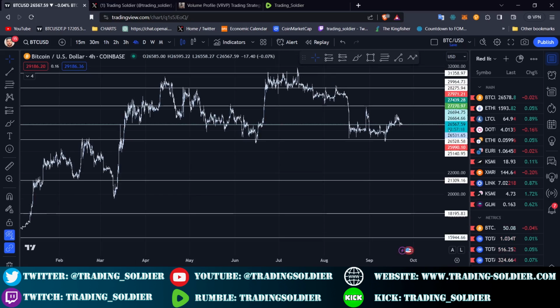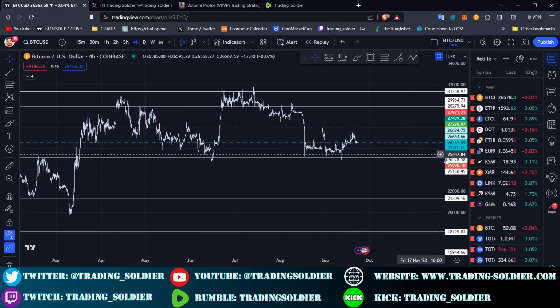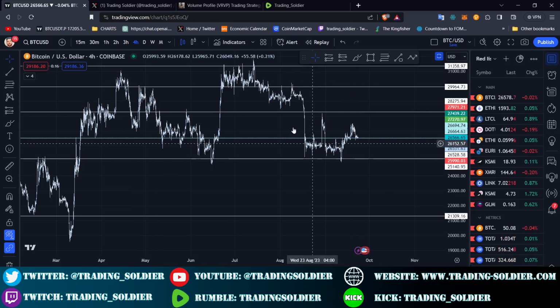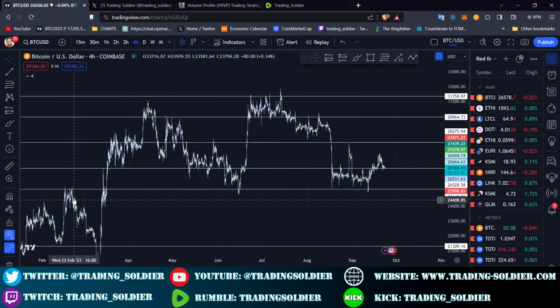And now we have defined in the 4-hour chart this, let's say, this range, okay? This last range from April to September, okay?